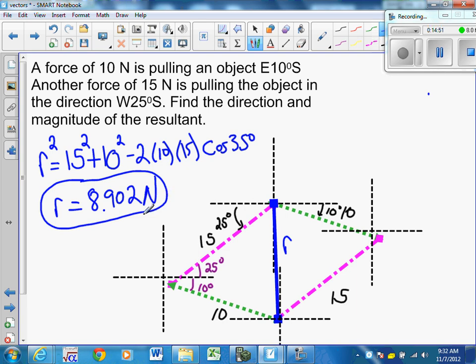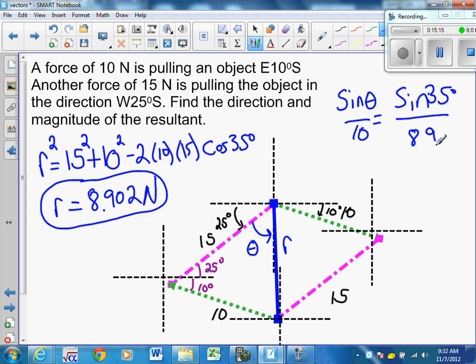And this is the hard part. Let's find this angle right here, theta. So I have the sine of theta over 10 is equal to the sine of 35 over 8.902.